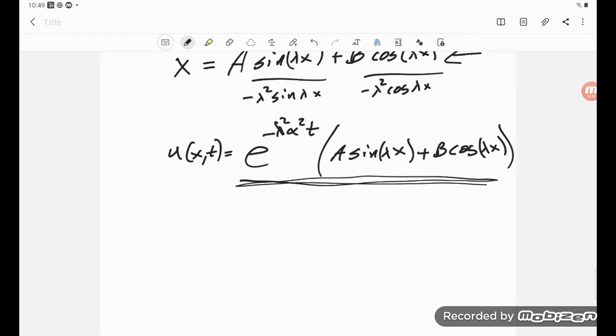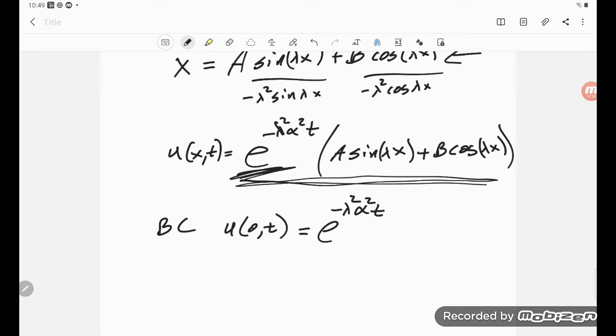But now, if we look at the boundary conditions, remember that these are homogeneous boundary conditions. And so we've got u of 0, t. Now, if we put in u of 0, t, so 0 for x, notice what happens: we get e to the minus lambda squared alpha squared t.